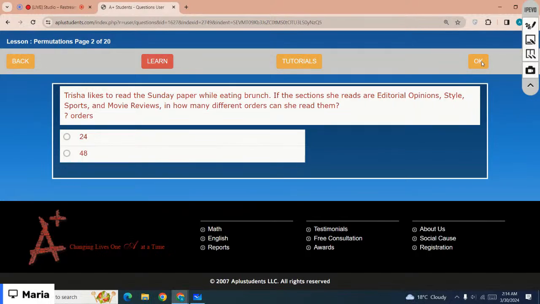So 4 factorial is... the correct option is 24, right? That means she can read in 24 different orders.